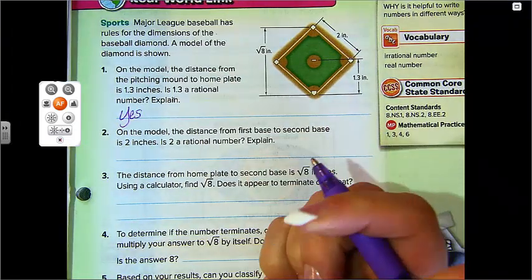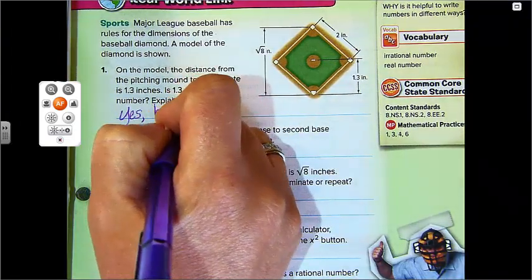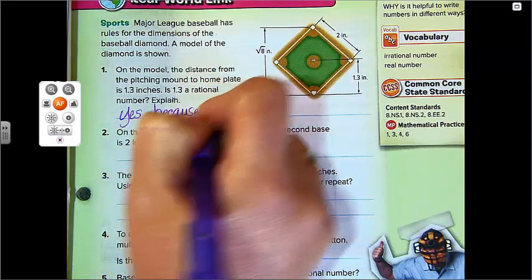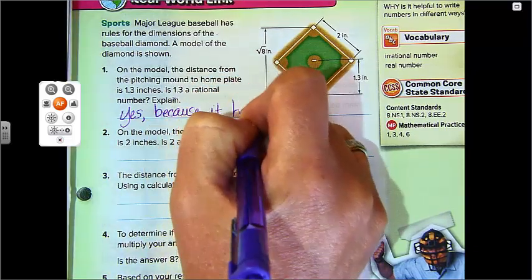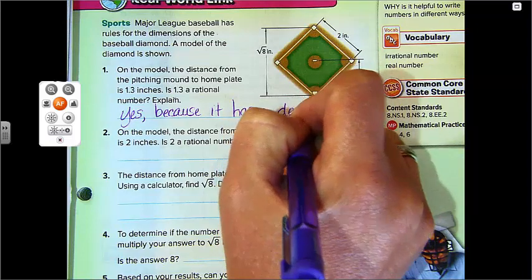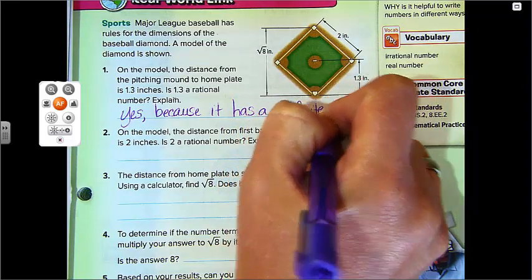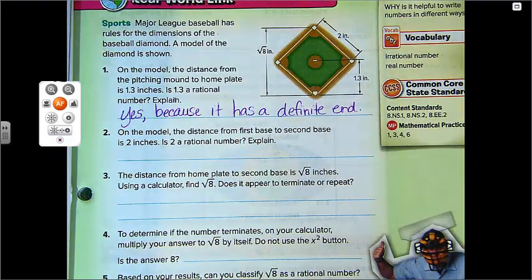Why is 1.3 a rational number? Because it has a definite end. Remember, any decimal that has a definite end or repeats is a rational number.